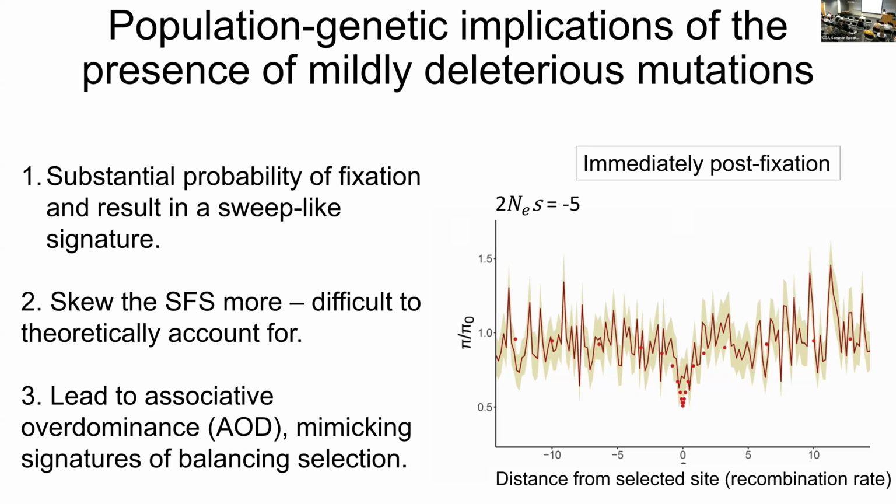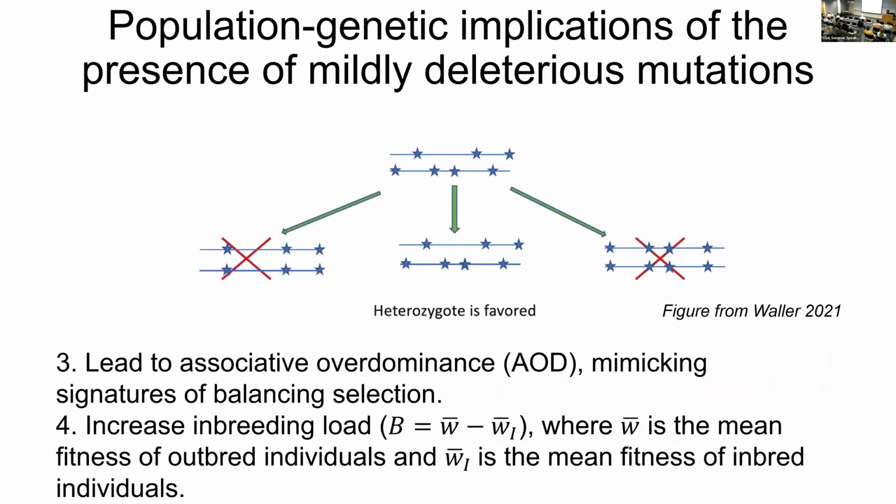The third is that they can lead to this thing called associative overdominance. It's something like this, where suppose all of these stars represent mildly deleterious mutations. What can happen is that every time they're homozygous, they will die.